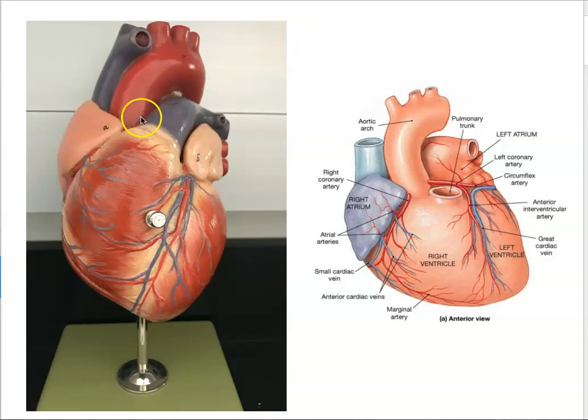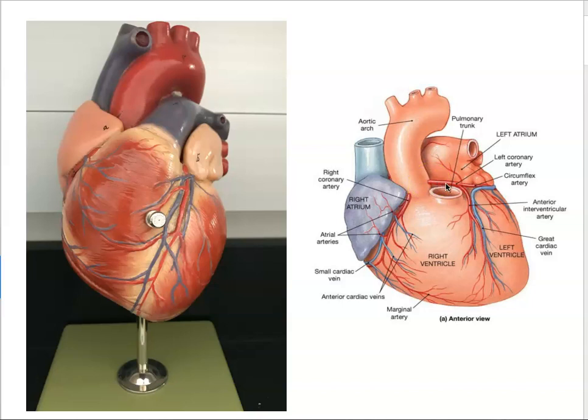Yes? So once it leaves the left ventricle, this aorta is going to take oxygenated blood to your entire body. But the first organ that gets supplied from the aorta is going to be the heart.